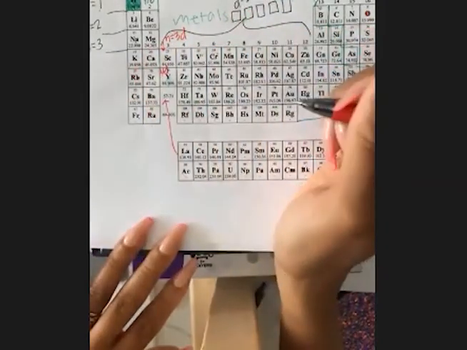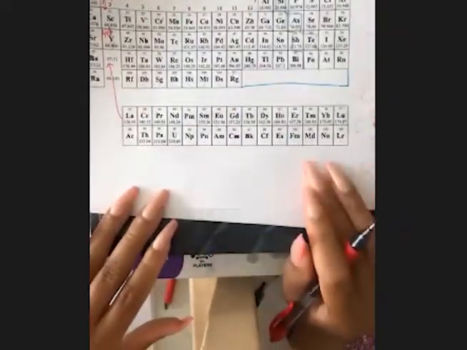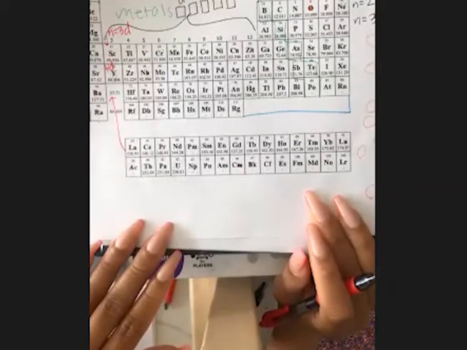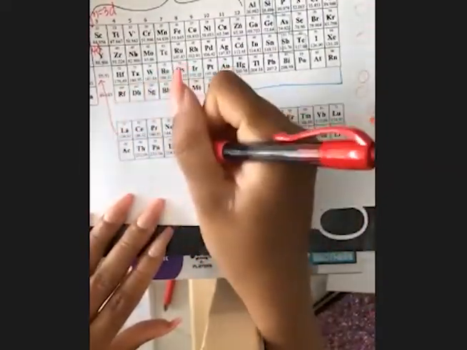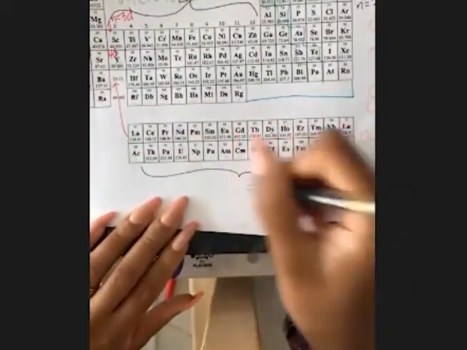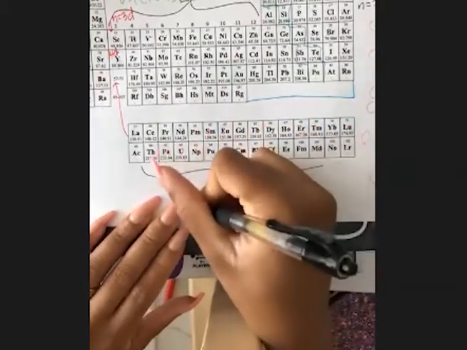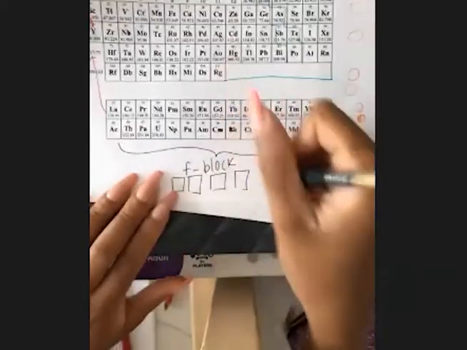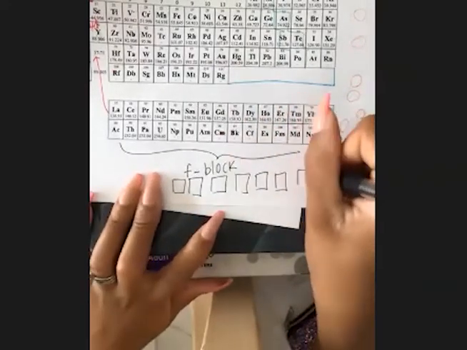And remember, we still have to address these. Can anyone guess what block this would be? What letter haven't we talked about? No, I'm saying like which letter. So we talked about F and D. So yeah, this would be the F block. We call this the F block. There are 7 different orbitals. 1, 2, 3, 4, 5, 6, 7. 1, 2, 3, 4, 5, 6, 7.